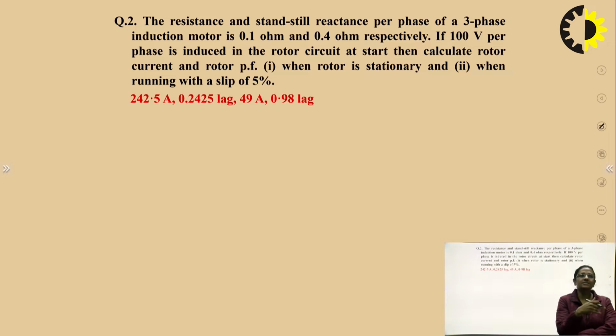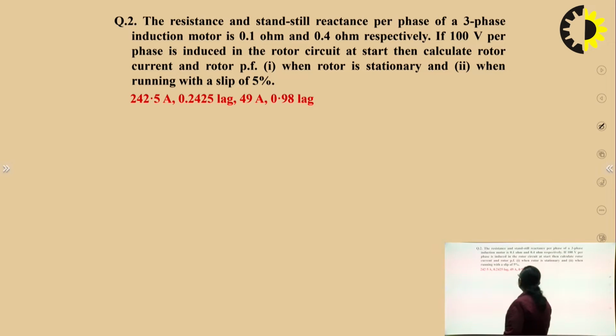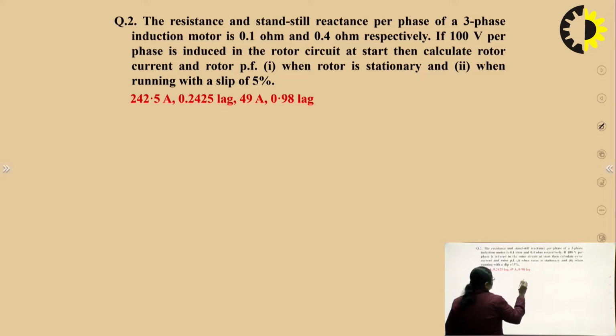The resistance and standstill reactance per phase of a three-phase induction motor is given as 0.1 ohm and 0.4 ohm respectively. So it is basically the resistance and reactance of the rotor of the machine, right?